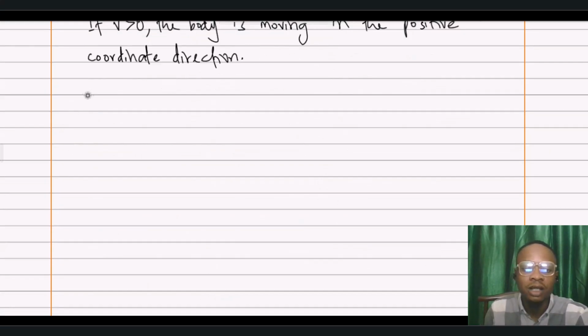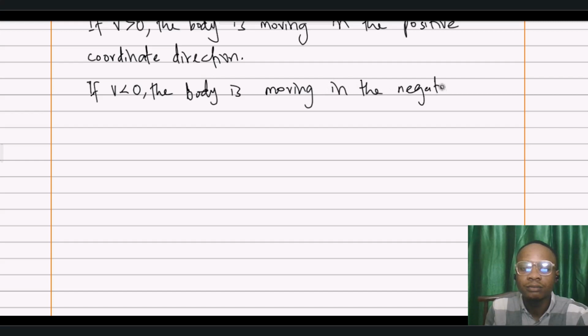So we take note that if v is less than 0, the body is moving at that instant in the negative coordinate direction.